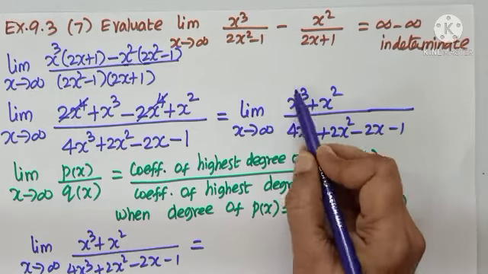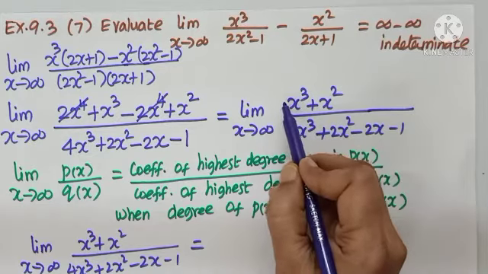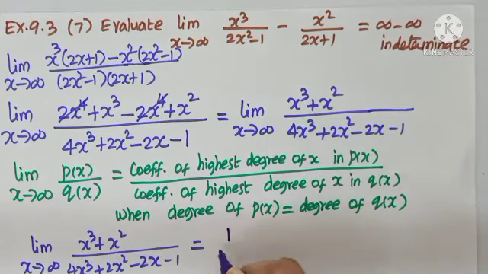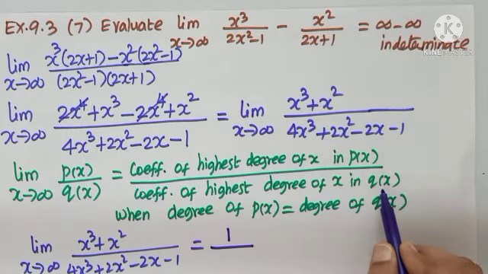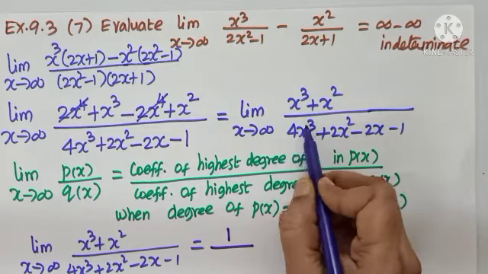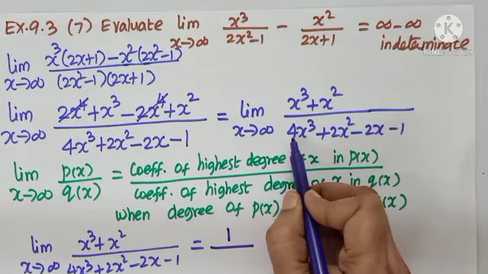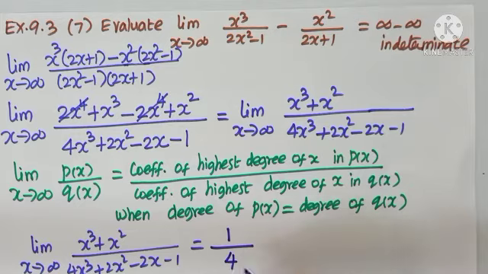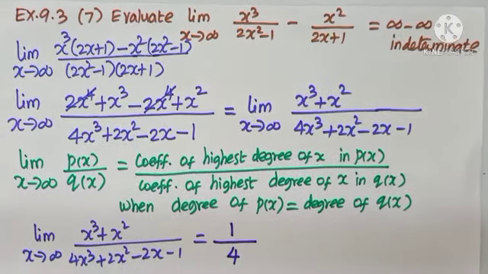So the highest degree is x cube and the coefficient is 1, divided by the coefficient of the highest degree of x in the denominator. Here the highest degree is 4x cube and the coefficient is 4. So the answer is 1 by 4.